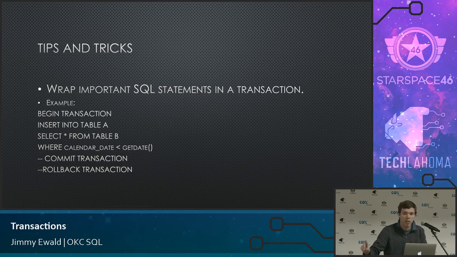So the actual data won't be changed until I tell it commit. That's good if you're doing things on production and making data changes, because if you mess something up and you press F5 and run it, then you go, oops, I didn't mean to do that. You mess something up big time. Don't worry, it's wrapped in a transaction. You can roll it back.